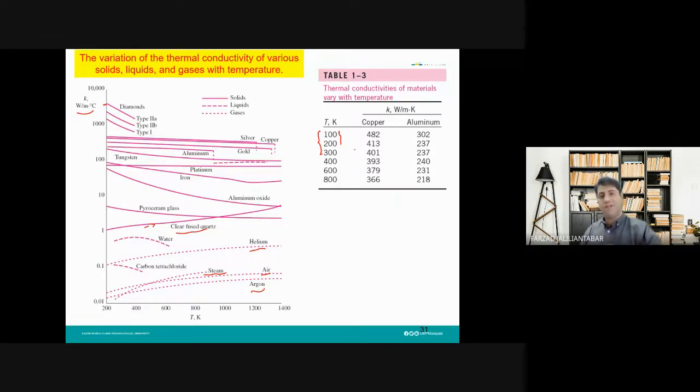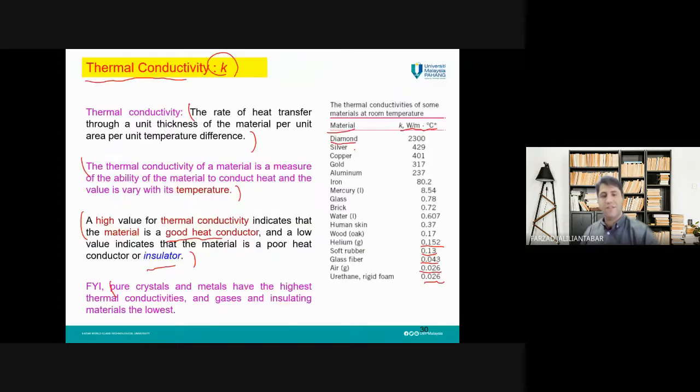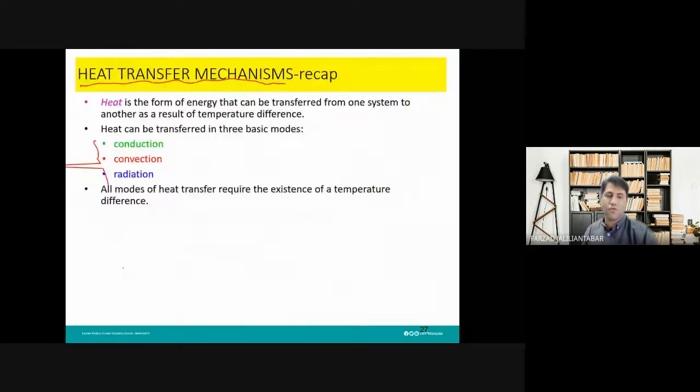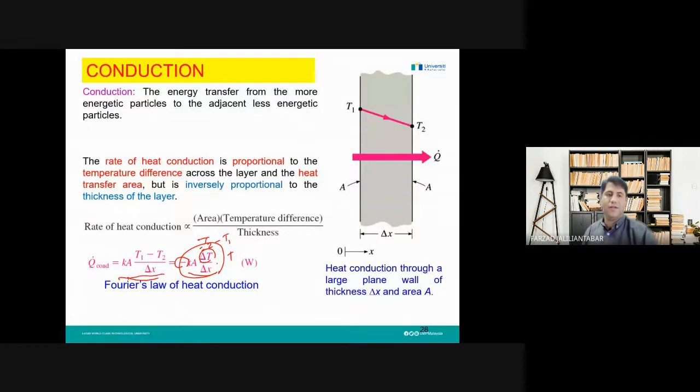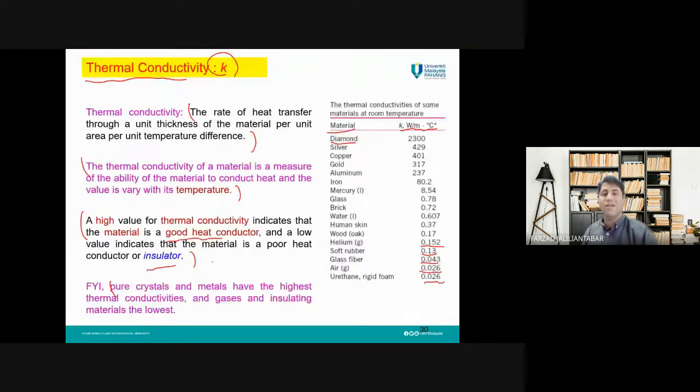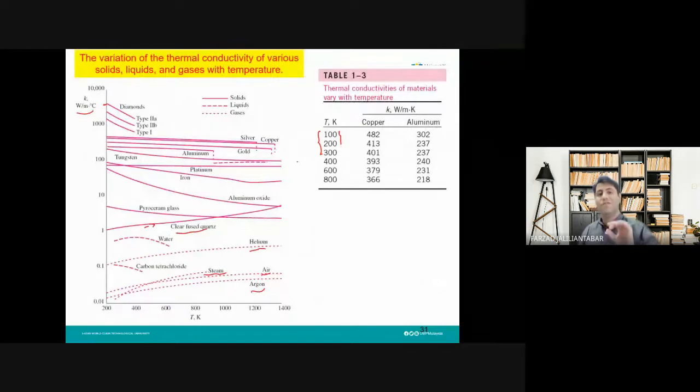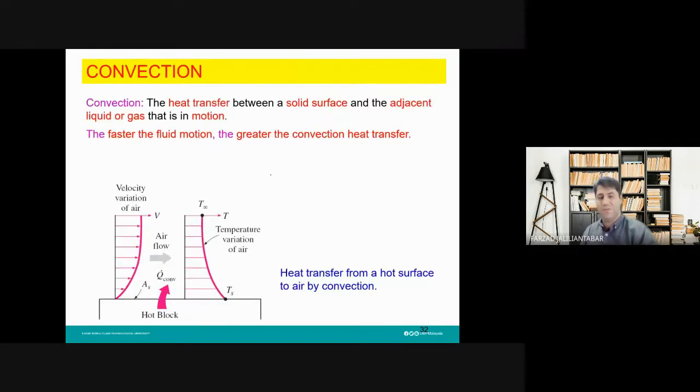If we assume that thermal conductivity remains constant, and use this equation to calculate the conduction heat transfer rate, then the error in our calculation will increase. And in those cases, we need to use variable thermal conductivity. This is also a topic for the next chapter. We will go into more detail about that in the next chapter.